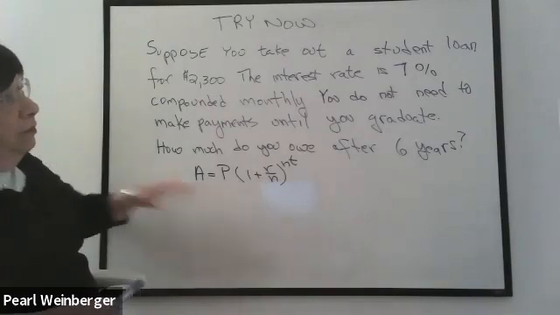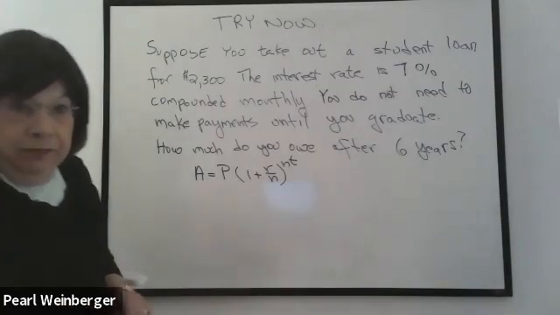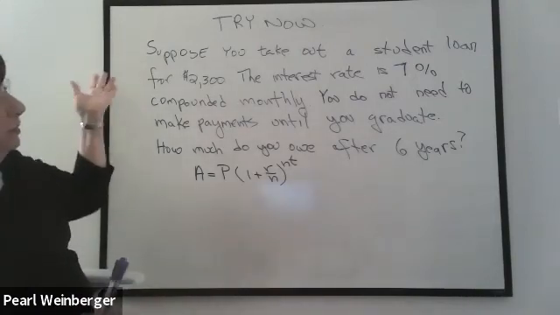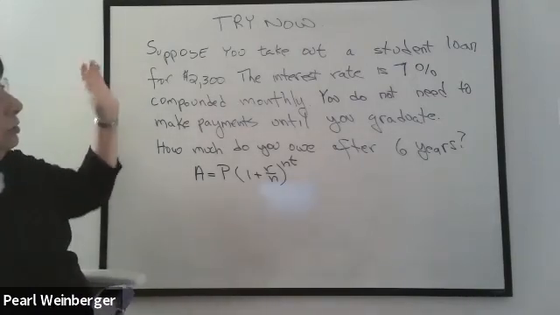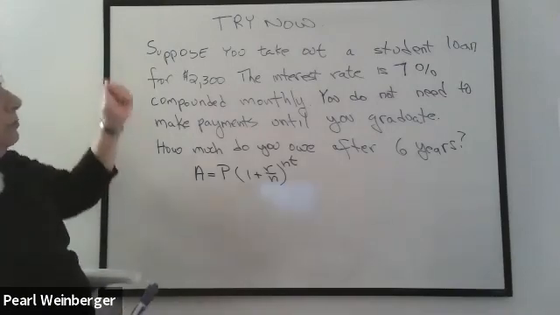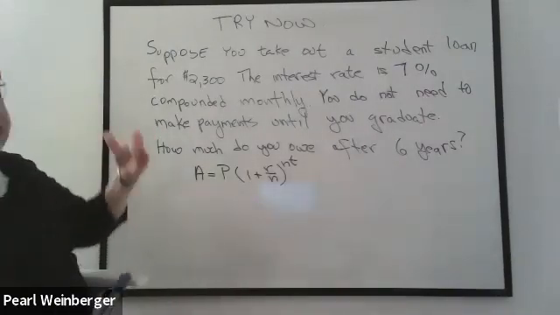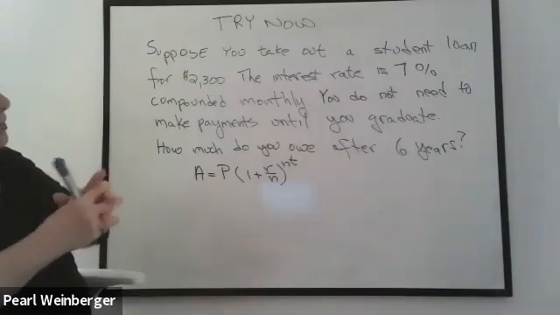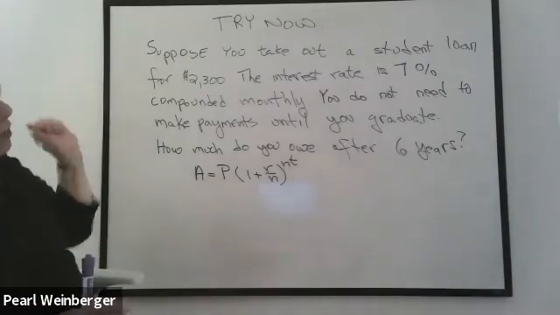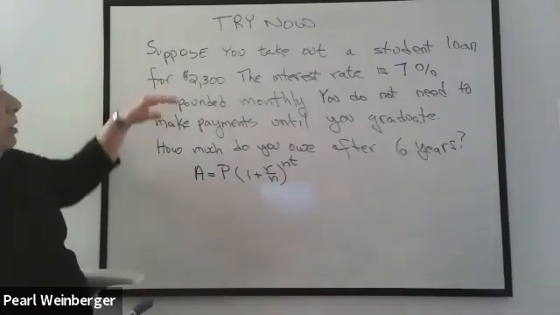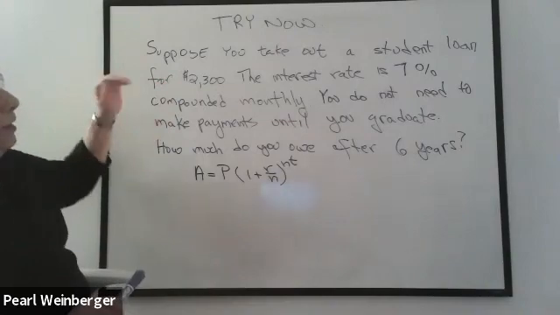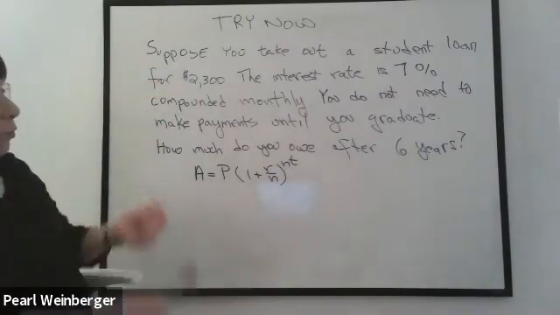But let's go on with this problem. We're asked, and this is a very typical question of something that could happen, a real life situation. This is what we call a mathematical model. Suppose you took out a student loan for $2,300. That's not a lot of money. Sometimes you take out loans for a lot more.